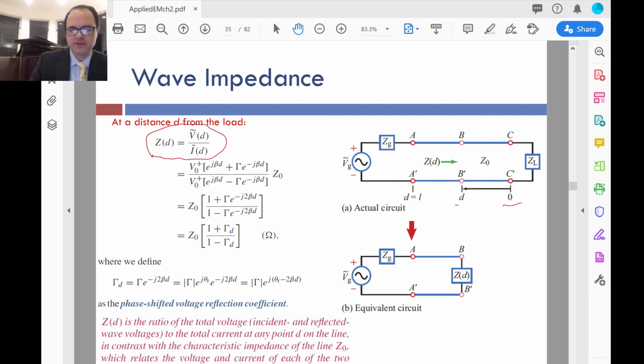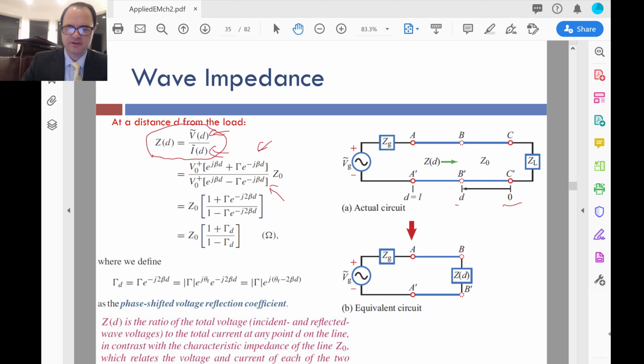And so this wave impedance is going to be the ratio of the voltage to the current at any position D along the line. So we have the equations for V and I along the line, and we put those in there.